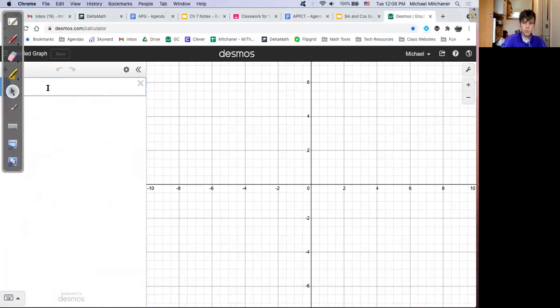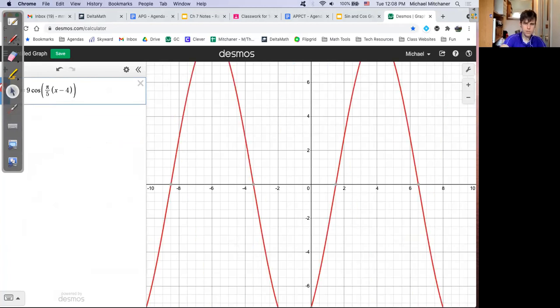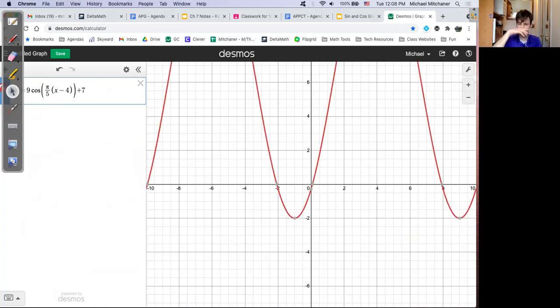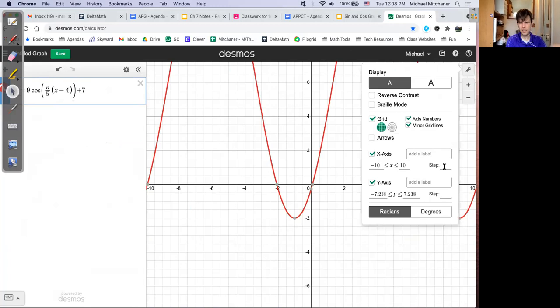So let me type this equation in. Y equals 9 cosine pi over 5 parentheses x minus 4, close everything, plus 7. Obviously, we need to make some adjustments to our scaling.